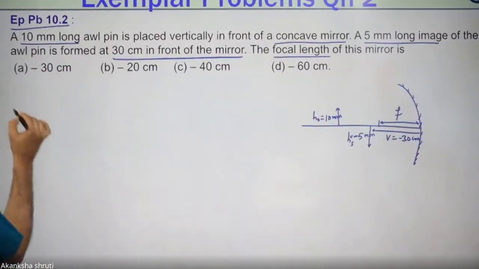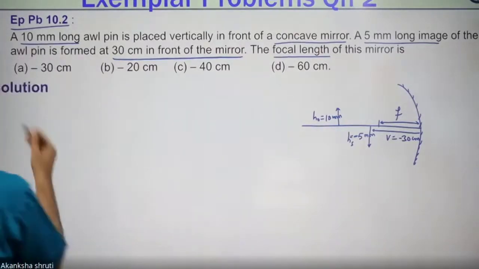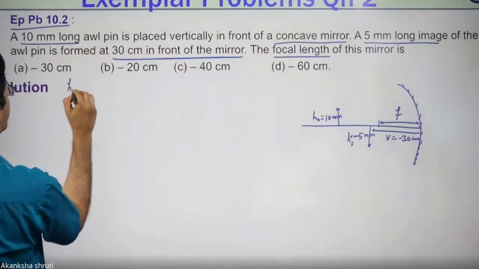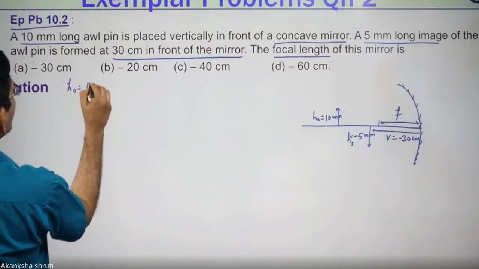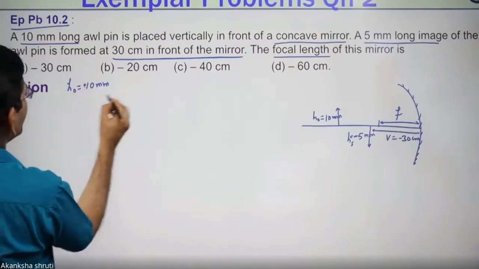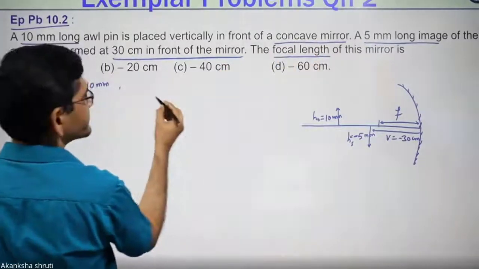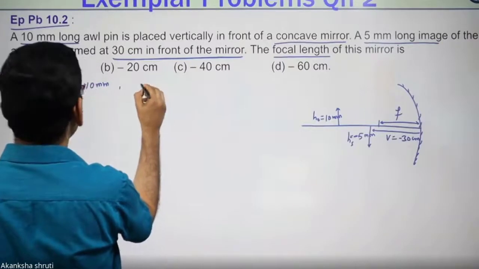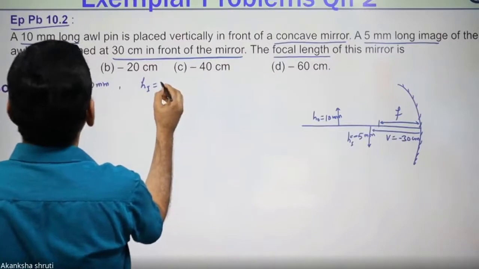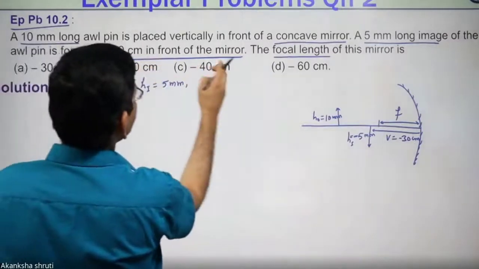Students, so let us write down the solution for this. Here what are given? 10 mm pin. So height of object is 10 mm. It is always taken positive, so put a plus symbol here. Then it is a concave mirror. Then 5 mm long image means HI is 5 mm, formed at 30 centimeter in front.